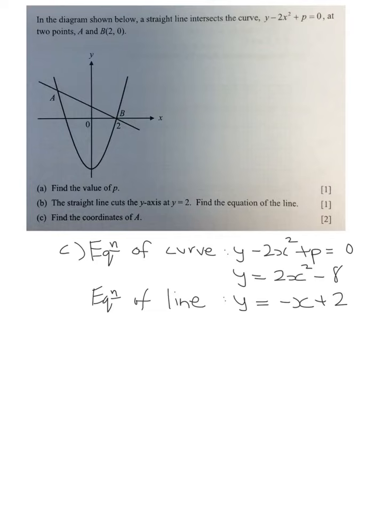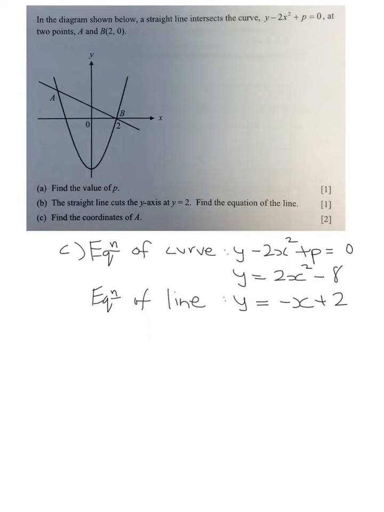In order to solve part C, we rewrite the equation of the curve by substituting the value of p that we have found just now. So, we start with a y in front. Minus 2x squared, if you shift over, becomes a plus 2x squared. Positive 8, if you shift over, becomes negative 8.